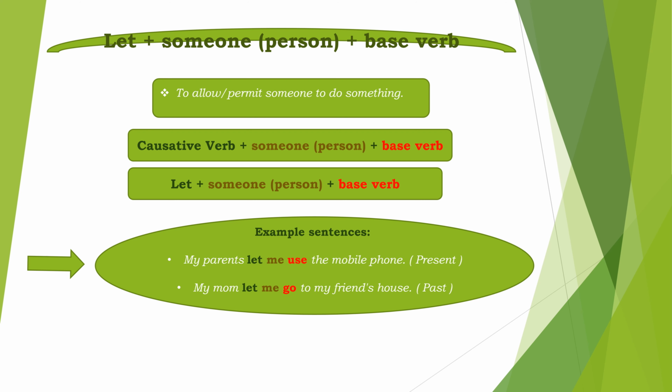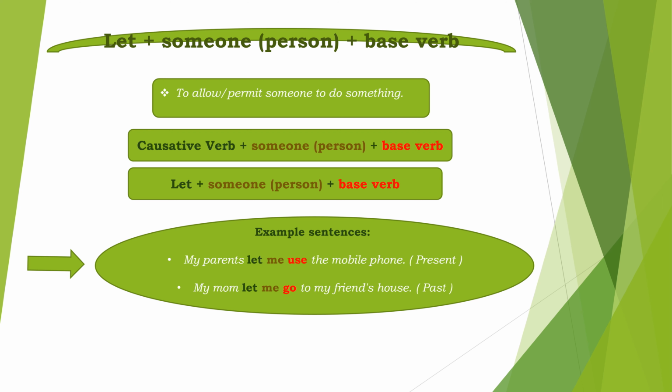Let's have a look at some examples. My parents let me use the mobile phone. In this case, my parents permit me, allow me to use the mobile phone. Second example is in the past tense, but you have seen let is the same form.